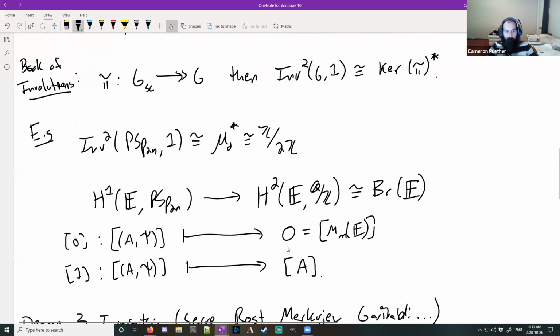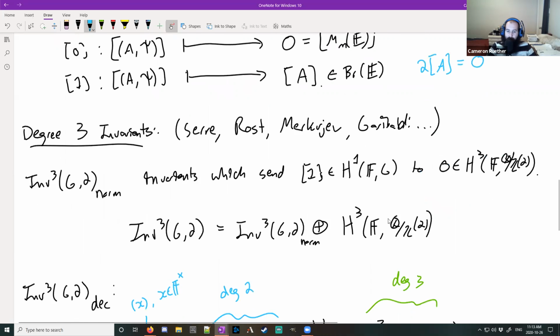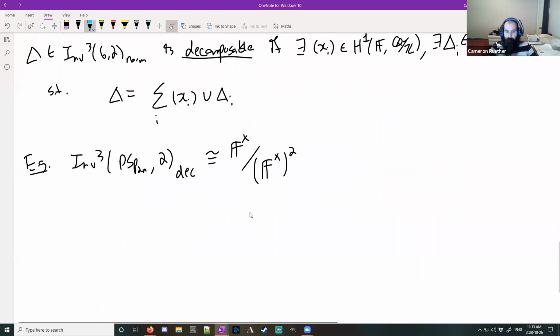If we scroll back up to our description of the degree 2 invariants of PSp, algebras which come with a symplectic involution, so this is in the Brauer group of E, will satisfy that the class in the Brauer group is order 2. So because of this, when we consider the cup product, these field elements we take only need to be order 2, so we end up taking them from here.